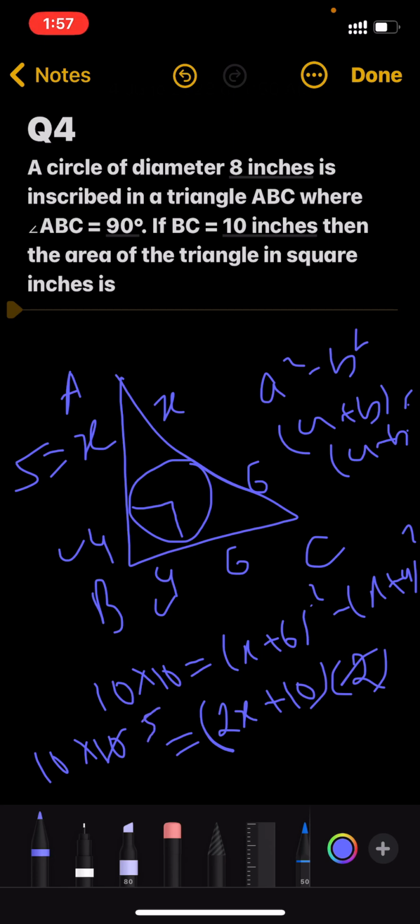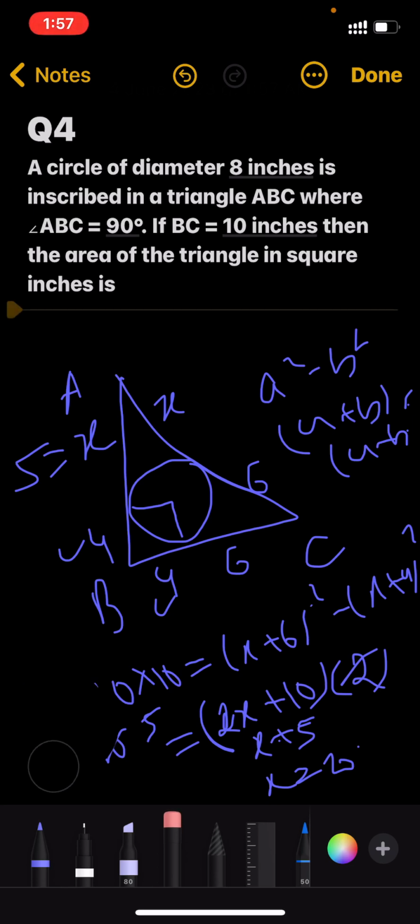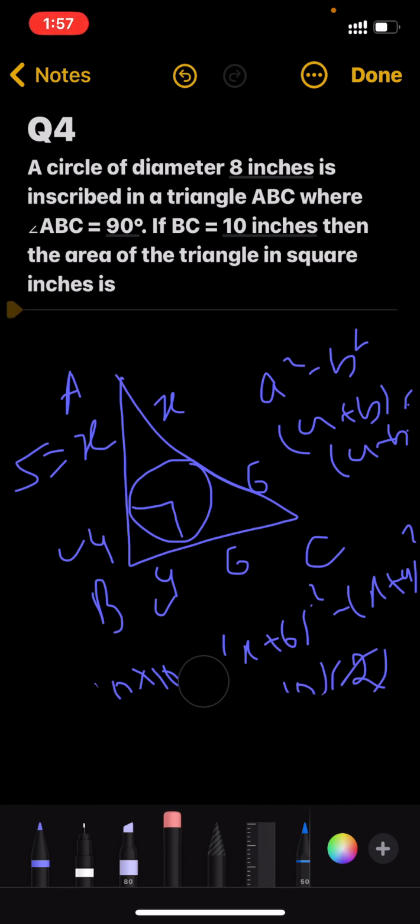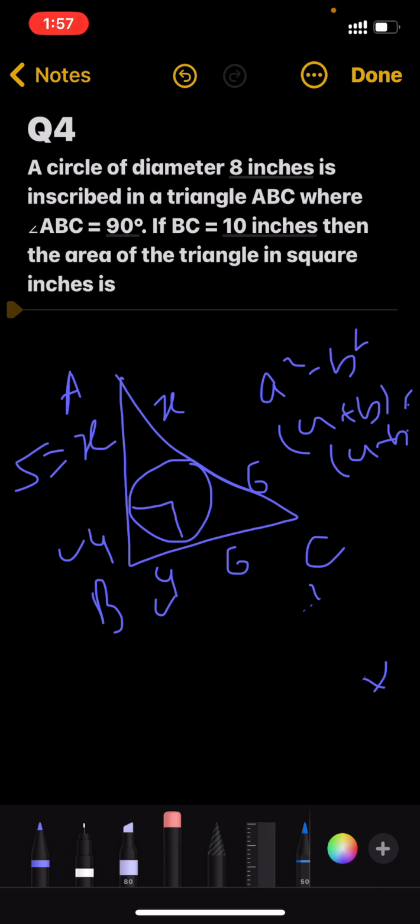We can take a 2 common, so this will be x plus 5, this will be 2 and this will get cancelled. 25 minus 5, so x comes out to be 20. Okay, so x was 20, this was the mistake I was making. So this is 20, this is 20 as well.